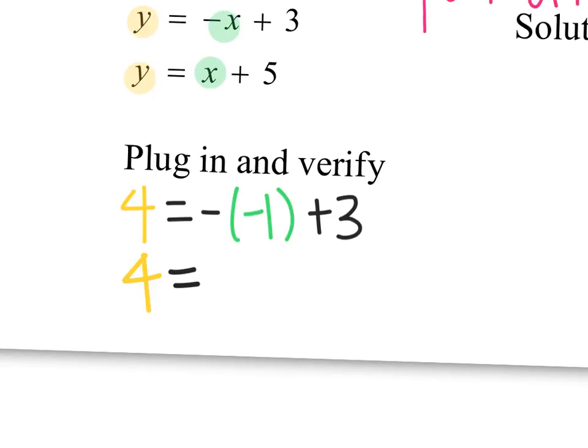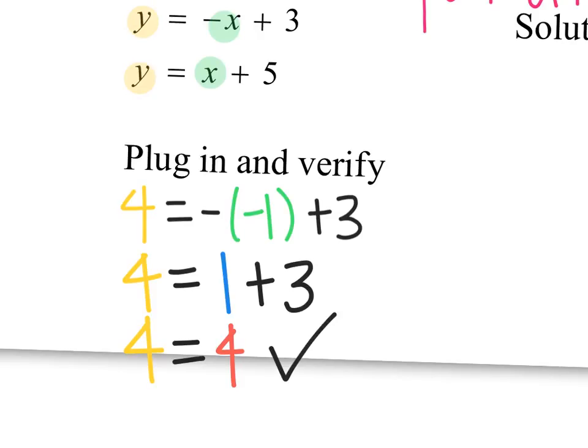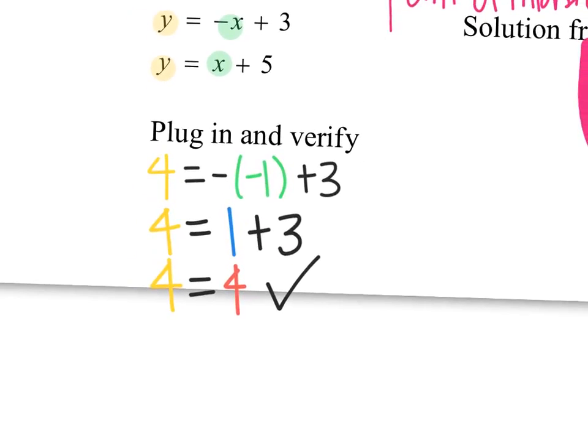When I have -1, negative is really positive. So this is actually +1 plus 3. And just thinking about the math, if I add 1 plus 3, then I'm going to get 4. So I had 4 on the left side and 4 on the right side. So that means that this point is a solution to that first equation.